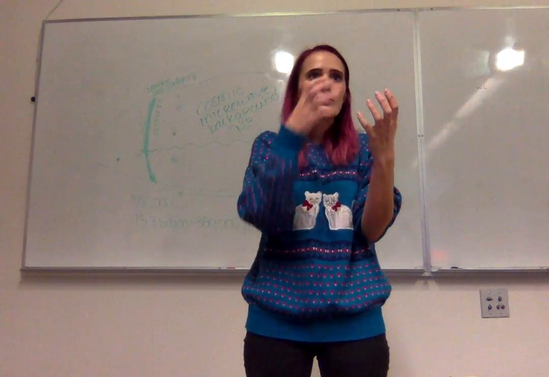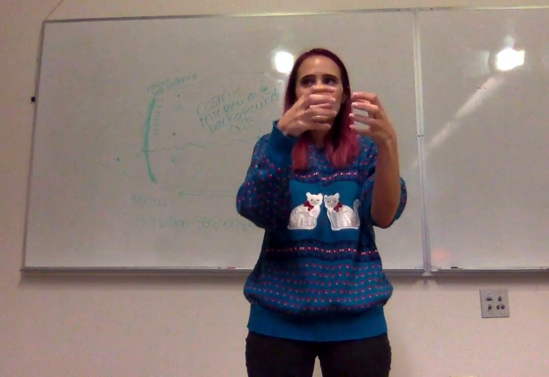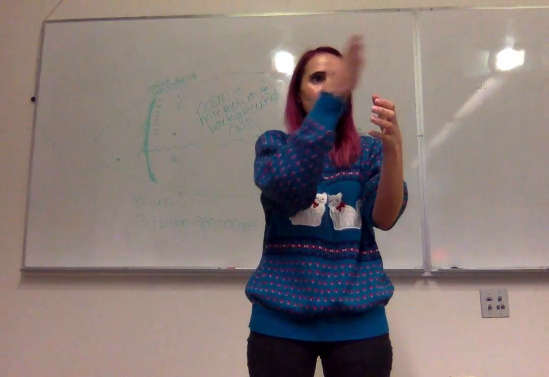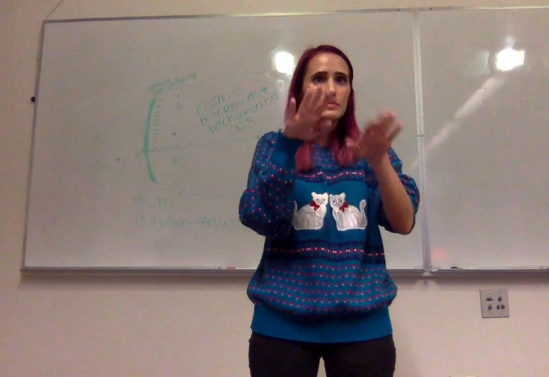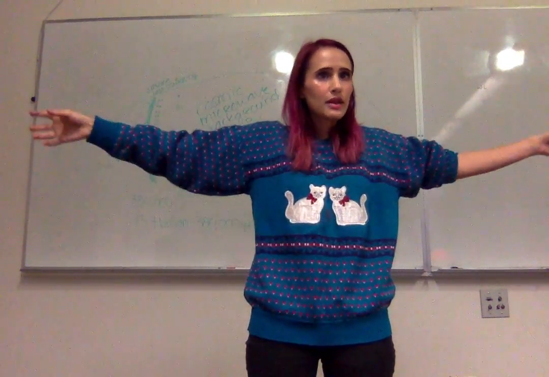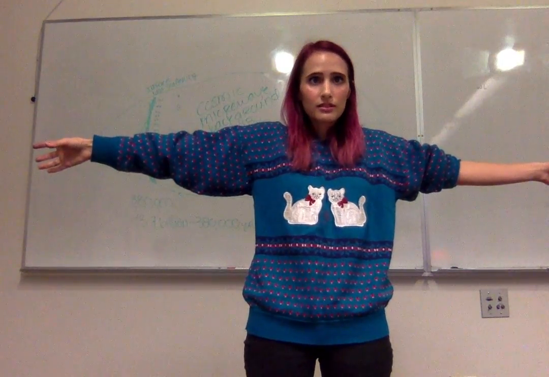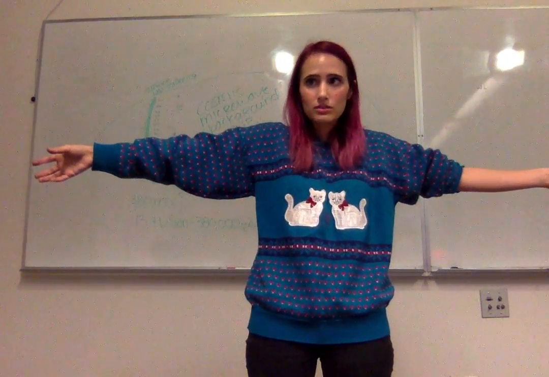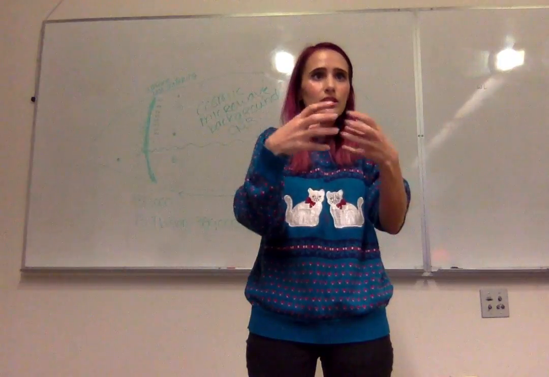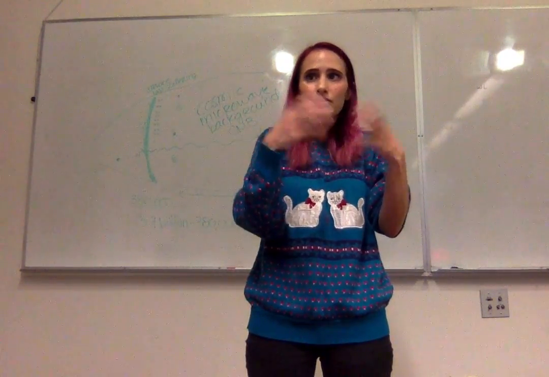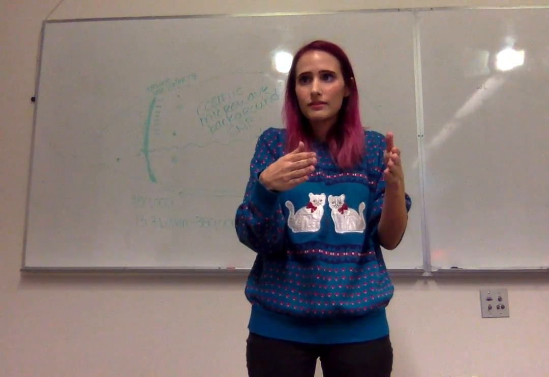If you have something really hot and something really cold, if you touch them together, the heat's going to flow from the hot thing to the cold thing until they're the same temperature. But if you keep them far apart from each other, then one's going to stay hot and one's going to stay cold, right? So things have to be close in order for them to be the same temperature.